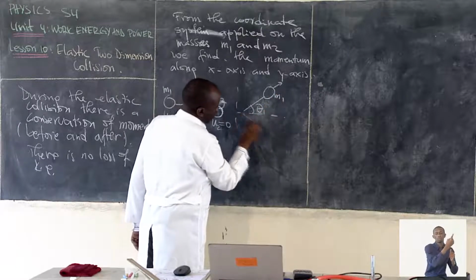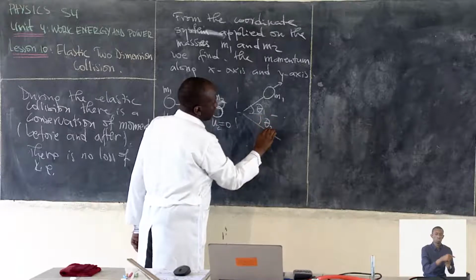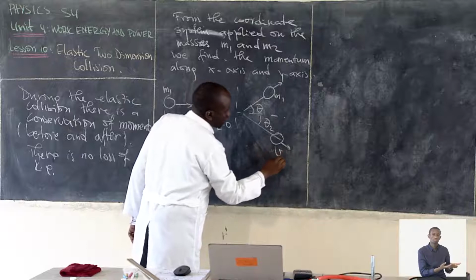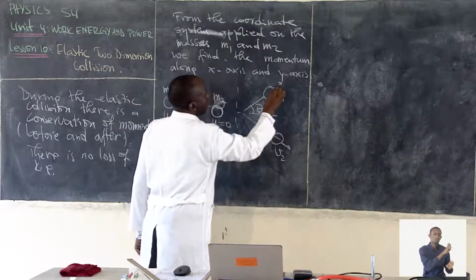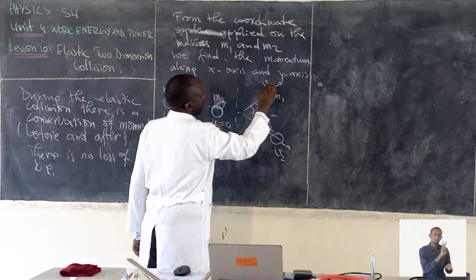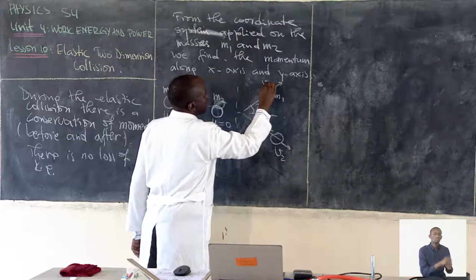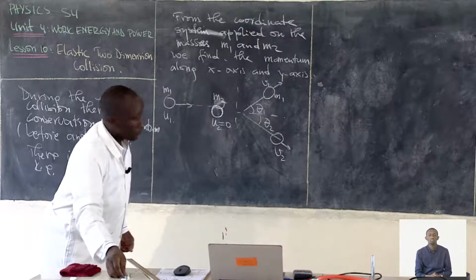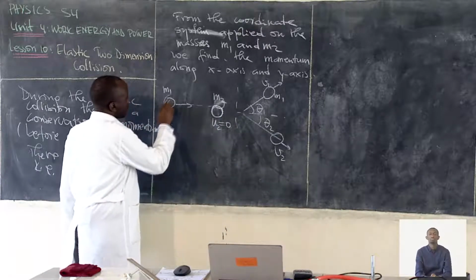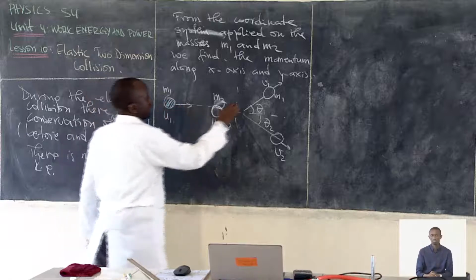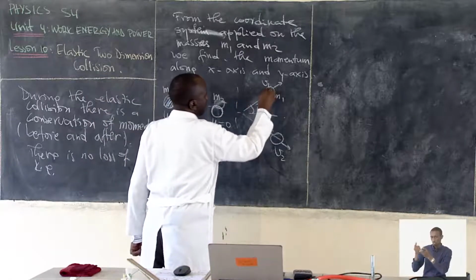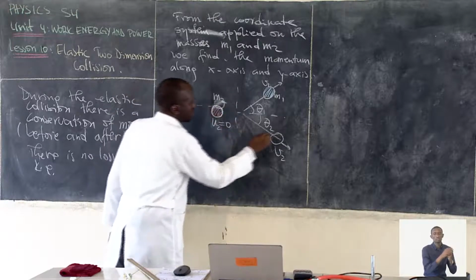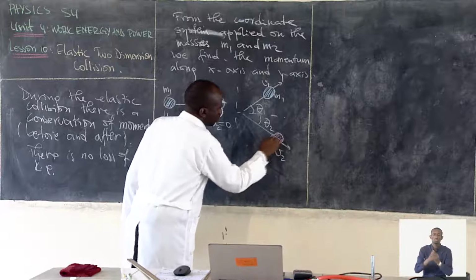Another one takes this direction, whereby we have θ2, with speed v2, while ball 1 has the final velocity v1. So this is what we have.